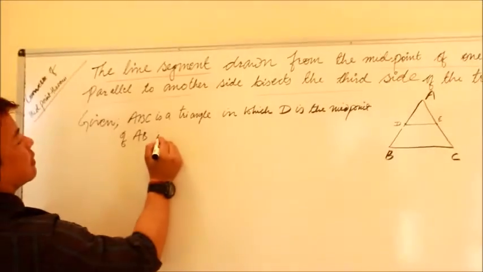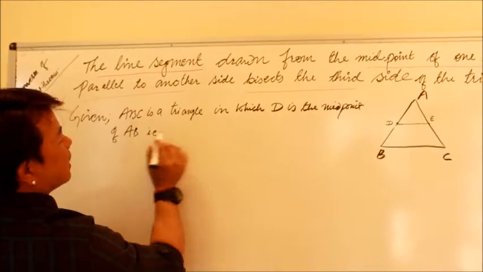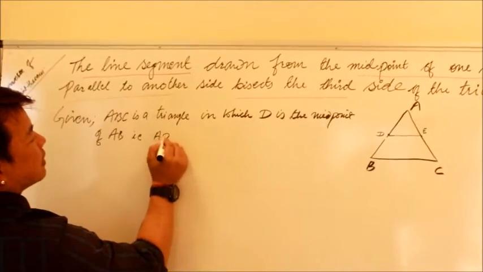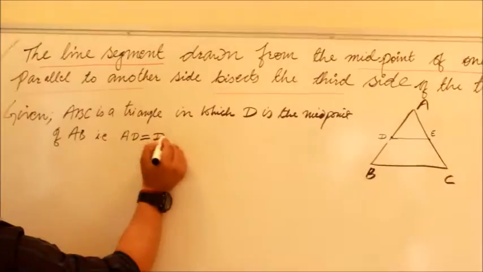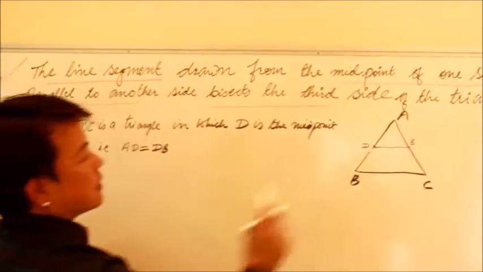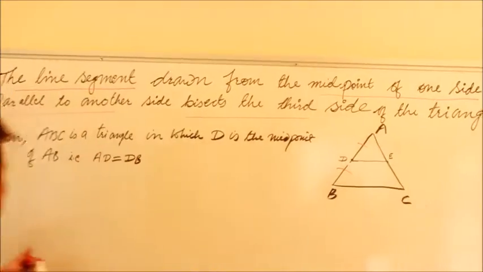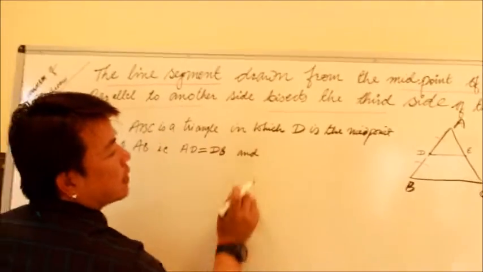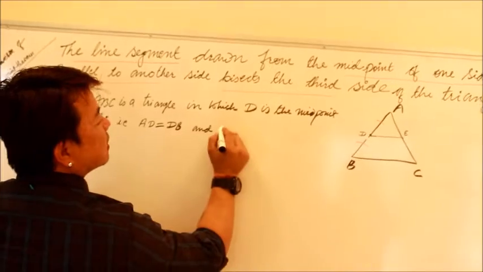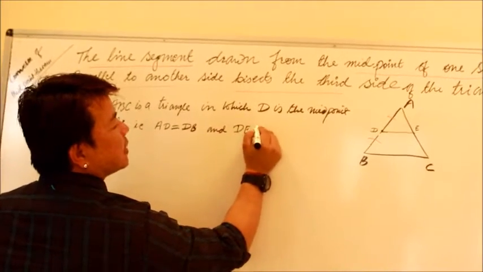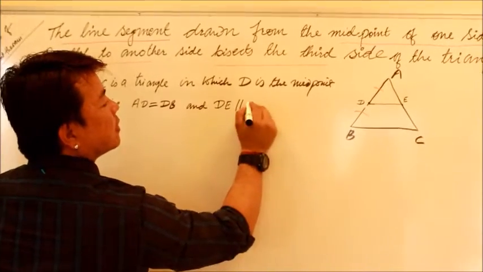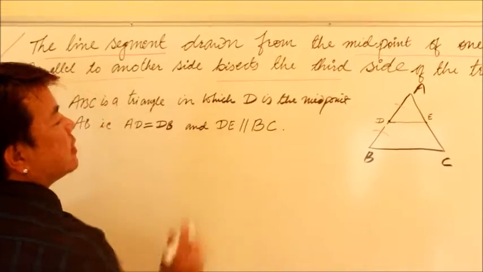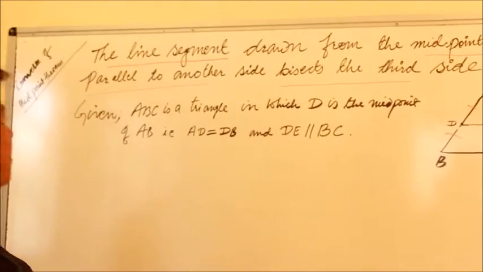That is, if D is the midpoint of AB, then AD is equal to DB. And what more is given? DE is parallel to BC. This is all given in the diagram.